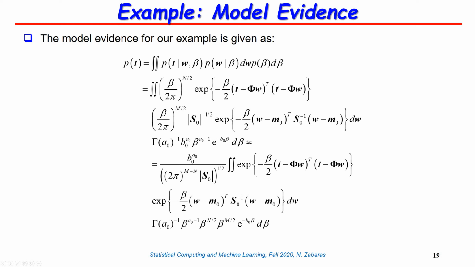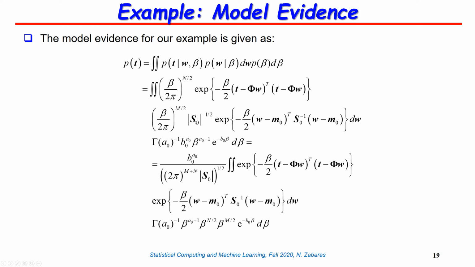So you are going to need to integrate W out. That immediately tells you that you need to complete the square so you can get the normalization factor of a Gaussian in W.